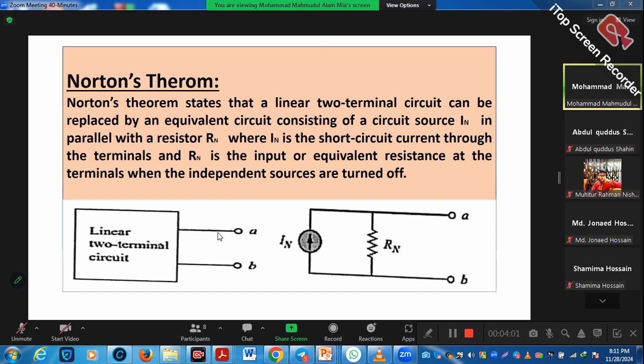Mr. Junaid, you are talking about Norton's theorem. Here you use the linear two-terminal circuit.